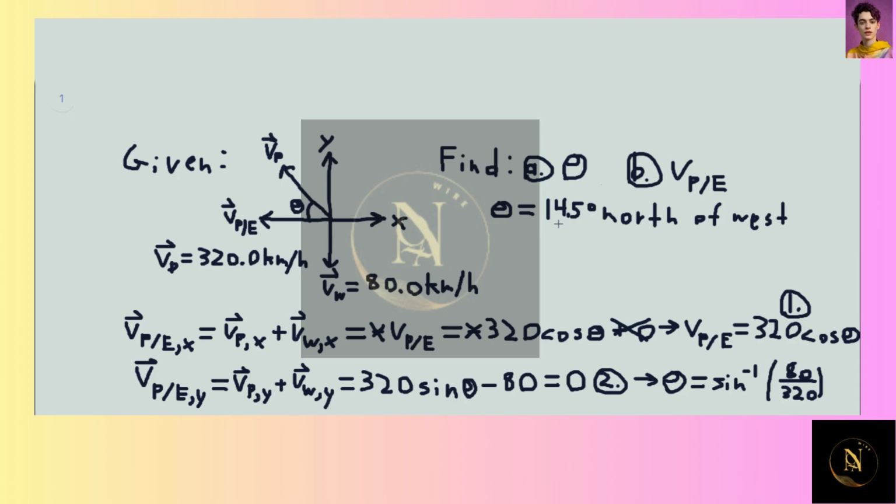Okay. And now we can find the velocity of the plane relative to the Earth by using the first equation here. So using the first equation, we could just plug in the value for theta that we just calculated here. So we have 320 times cosine of the angle theta.